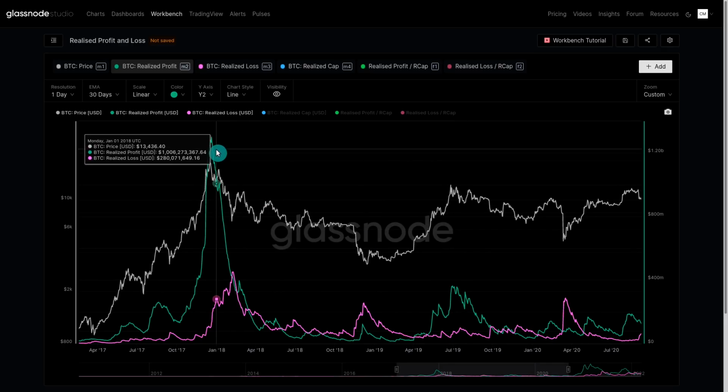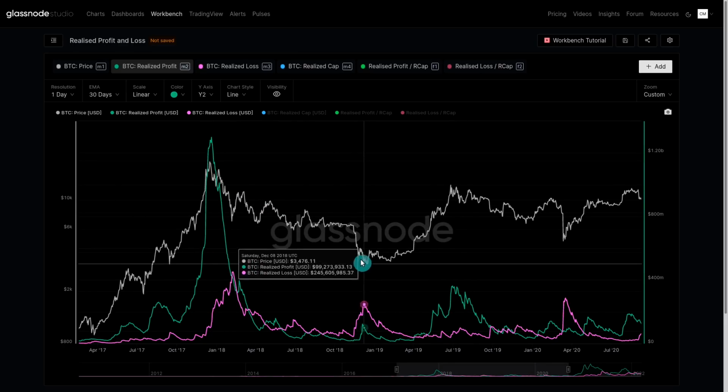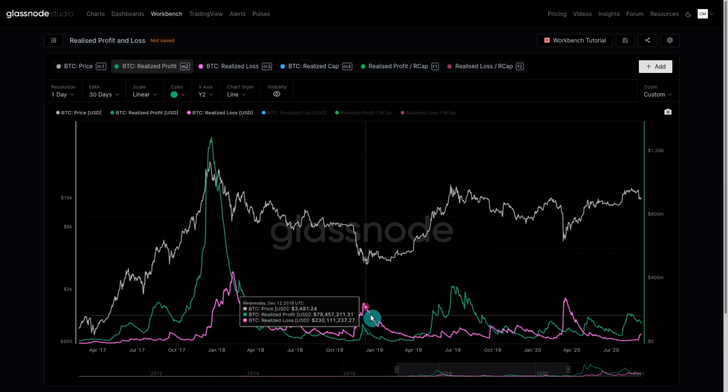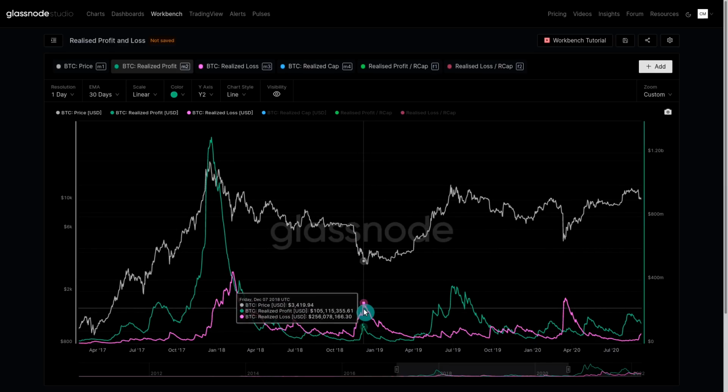These are smart money literally selling the top. Where the difference is, if we then go back and look at the November 2018 sell-off, both people in profit and people in loss were flushed out. Again, describing that near complete and total flush out of absolutely everybody who was in profit. And everybody who was in a loss, anyone who was going to be a seller, has now sold. There are no sellers left following such an event.